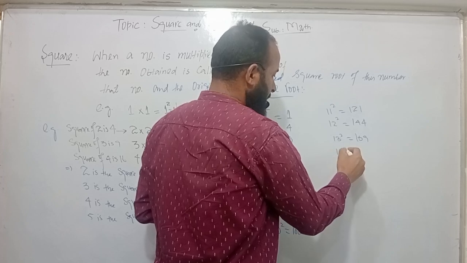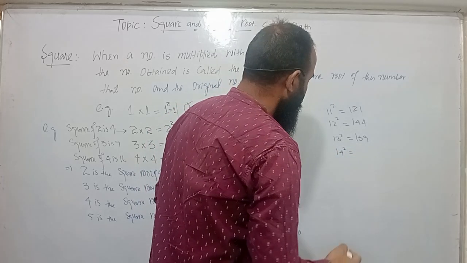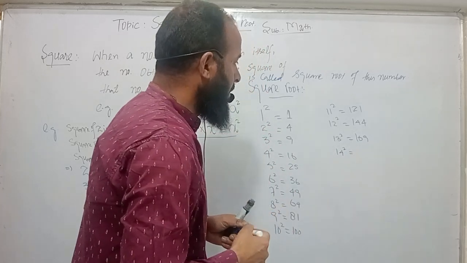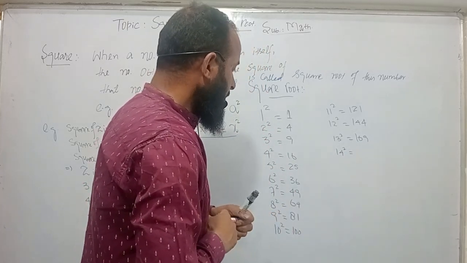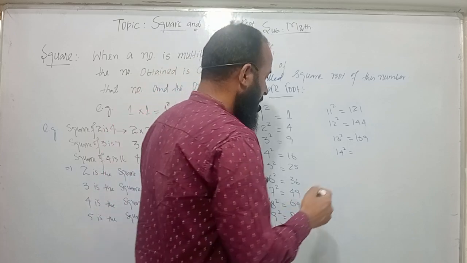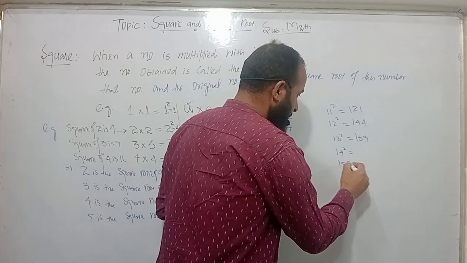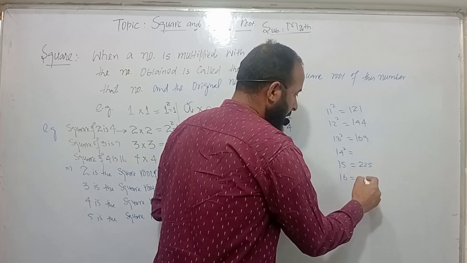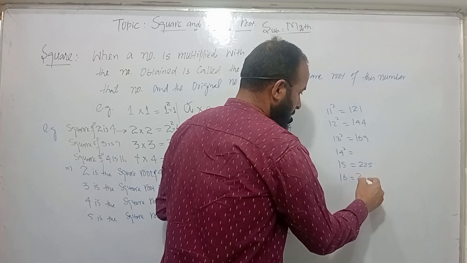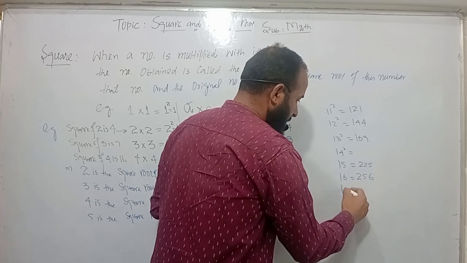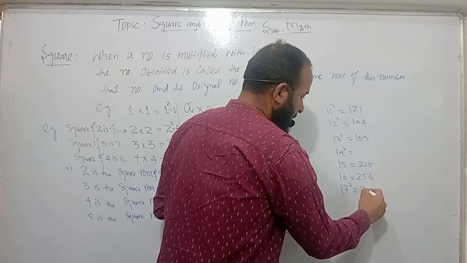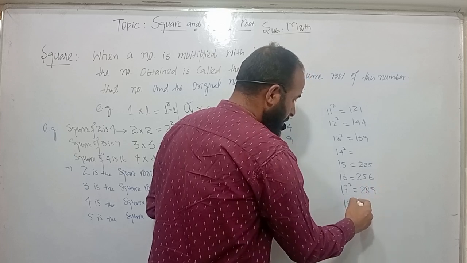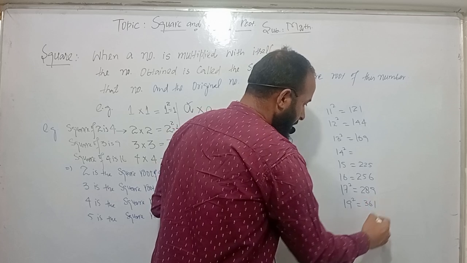14 square will be, let us see, 15 square is 225. 16 square is 256. 17 square is 289. 19 square is 361.